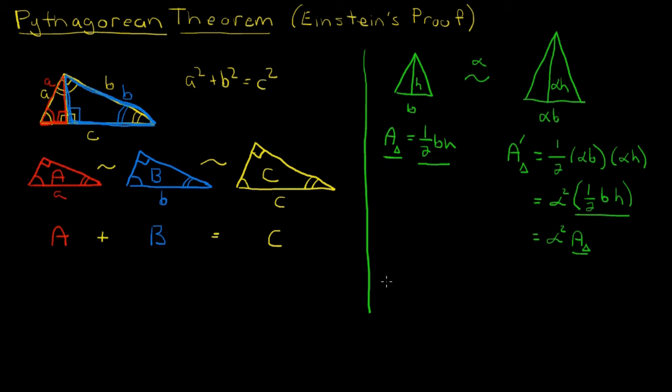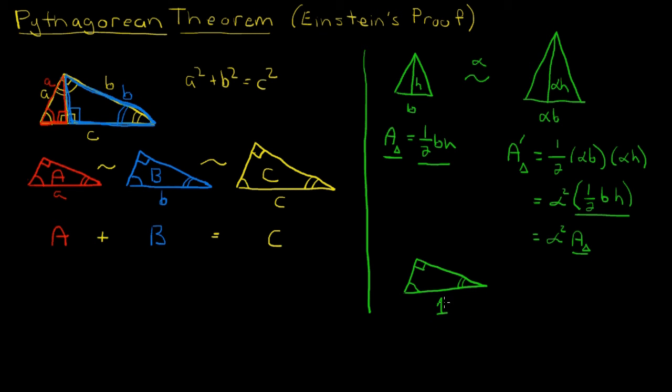So what we're going to do is make a triangle that is likewise similar to our three triangles over there, our red, blue, and yellow triangles. And we'll mark that as the right angle, and then this is our larger angle, this is our smaller angle. We're going to choose the hypotenuse to be equal to 1.